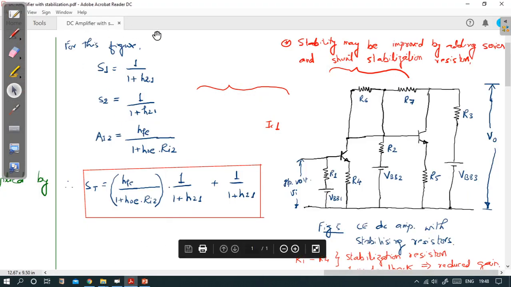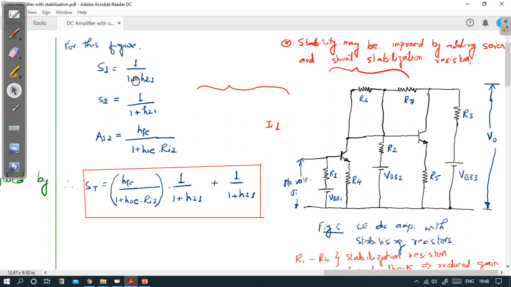Then for that figure, the equation for S1 is given by 1 by 1 plus H21, where H denotes the corresponding H parameter, which we had seen in the previous classes.